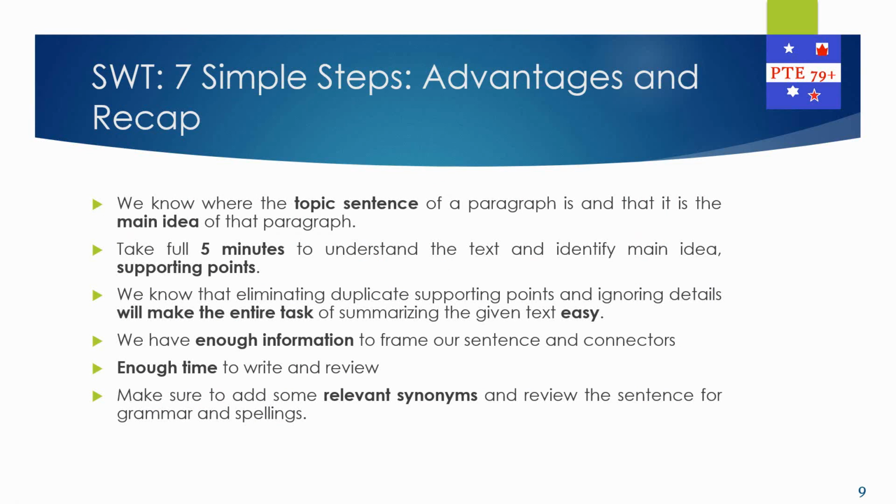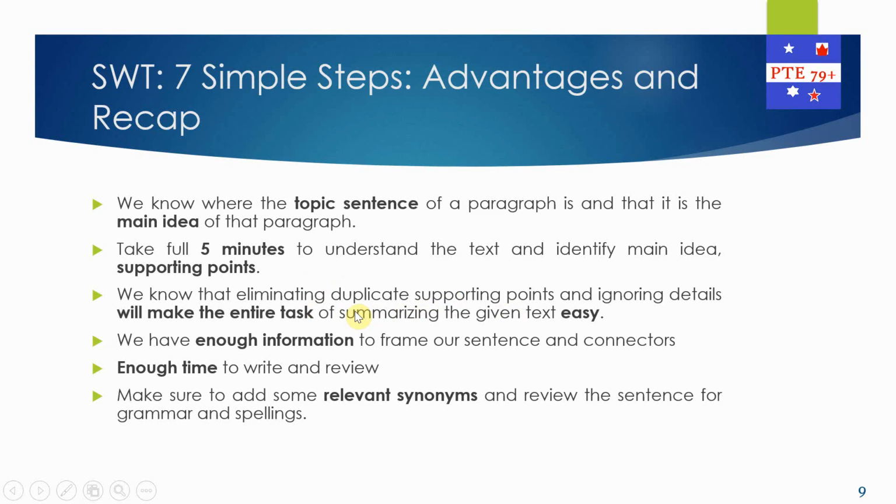So we know that the topic sentence has the main idea, that itself eases out the difficulty of finding the main idea and supporting points. Then you take 5 minutes to read the text, understand, get the main idea and supporting points, eliminate duplicates, remove details.